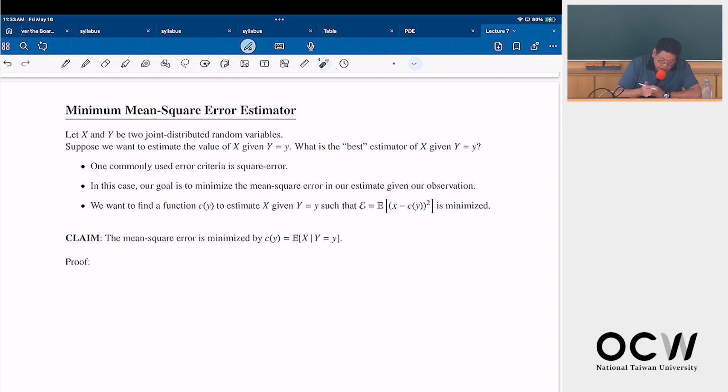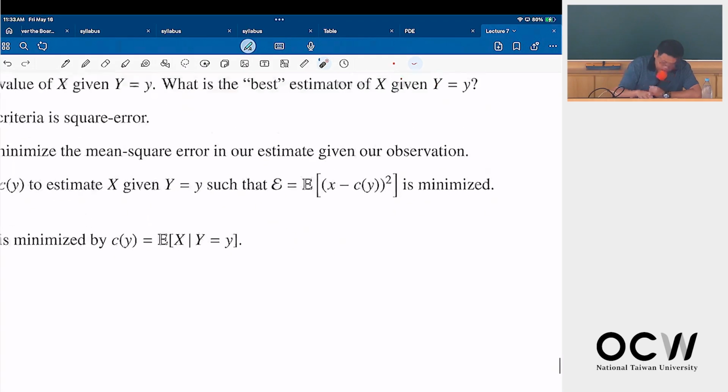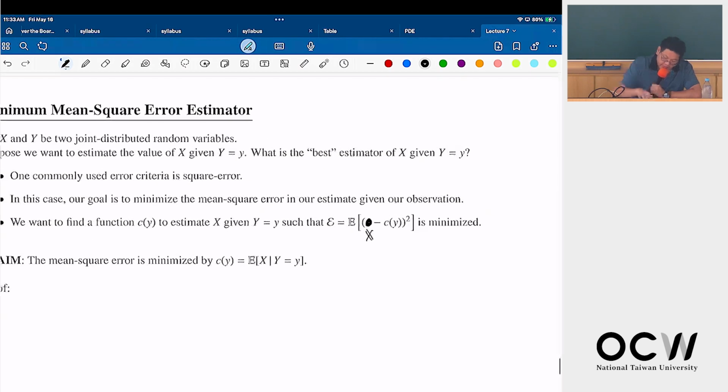So we want to find the function c(y) to estimate X given Y, and make sure that the expectation of the squared error between X and c(Y) is minimized.